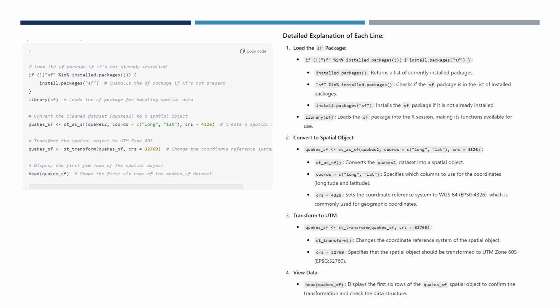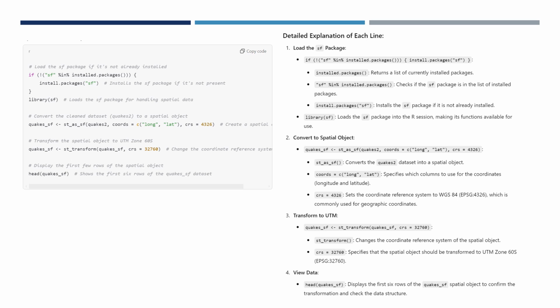The SF with the percent in front of it is just a way of going through that list of installed packages to see, hey, is that here? And so that's what the install packages with the SF in quotes is doing. It goes through that.